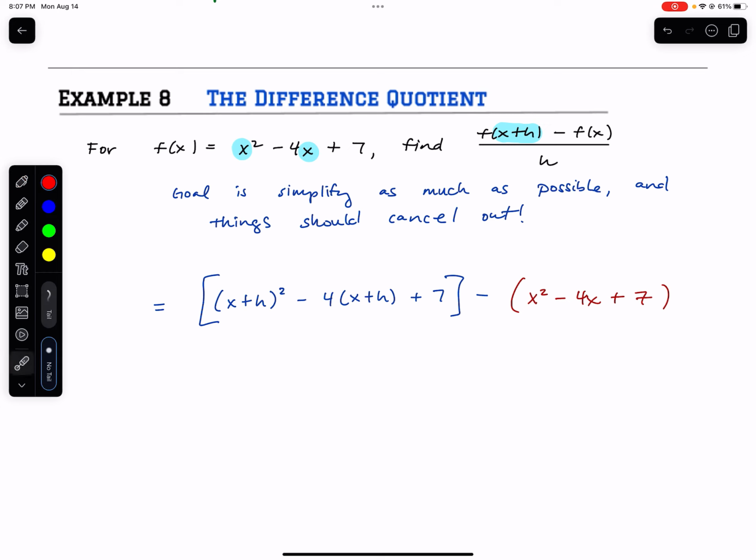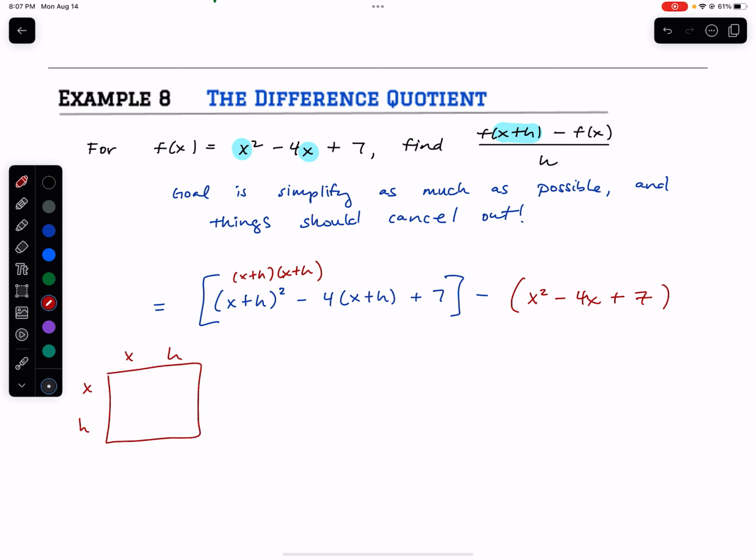Okay, simplify on the inside. X plus h squared is the same thing as x plus h times x plus h. Okay, so visually it might be easier just to use a box. So this would be x squared. X times h is just xh. This is another xh. This is h squared. So I have an xh and an xh. So if I add those together, I have 2xh.